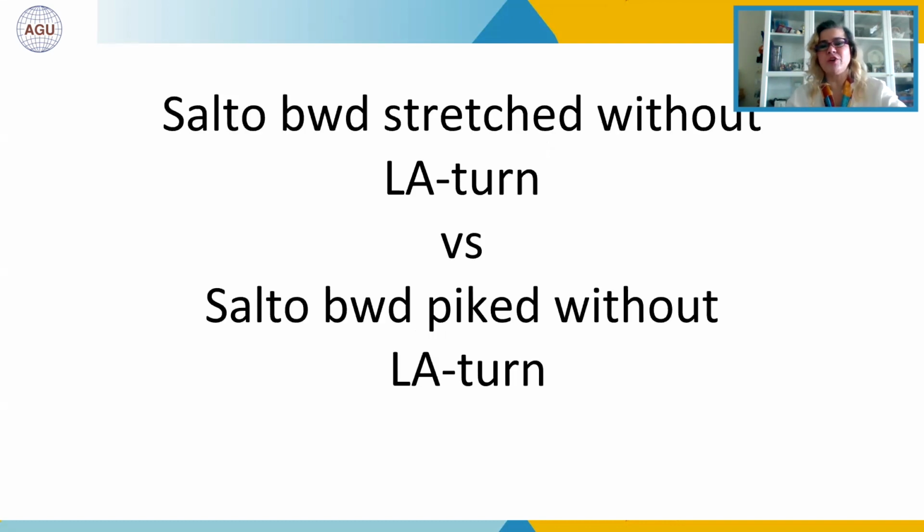For example, first of all, we can talk about the salto backwards stretched without longitudinal axis turn. LA means longitudinal axis turns, which means the twists or the turns around the longitudinal axis. And we talk about the salto backward piked without longitudinal axis turn. So which one is stretched, which one is piked, without turn, okay?